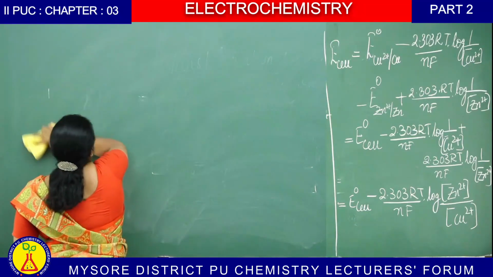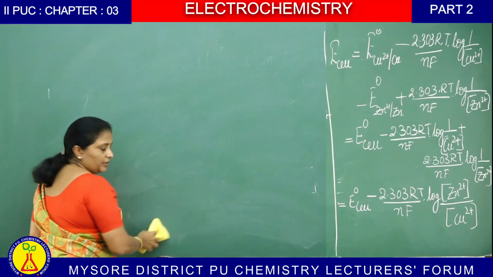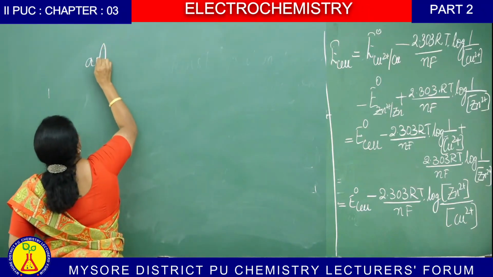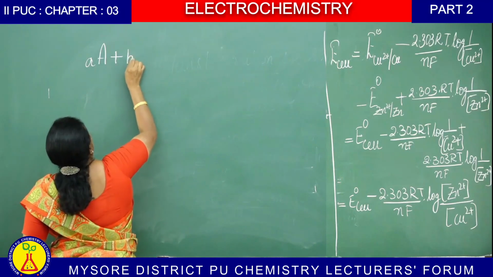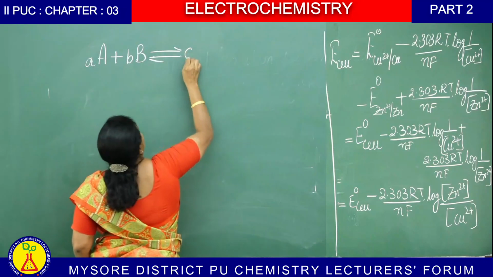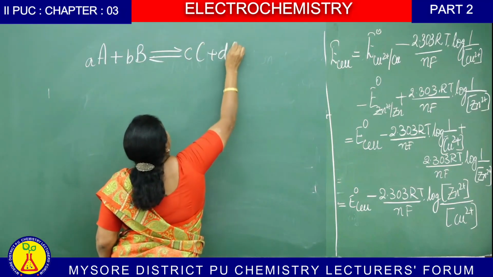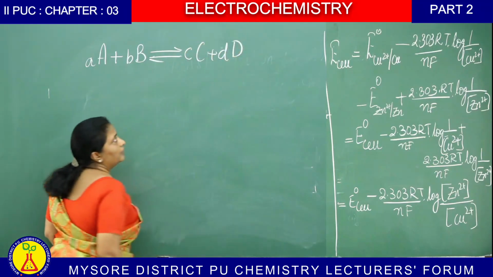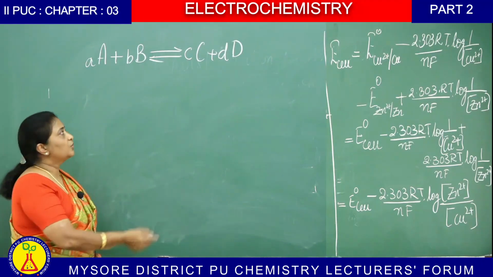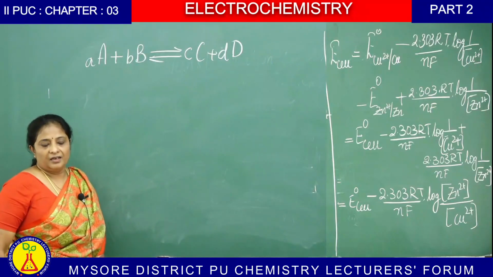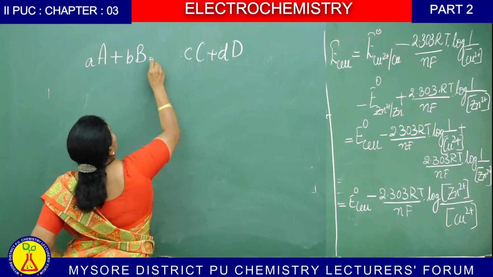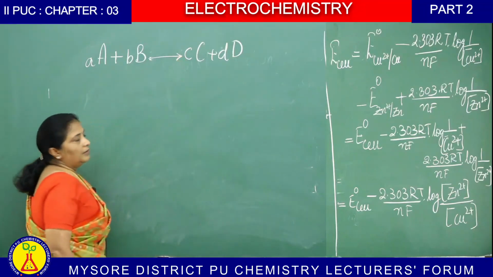Let us consider an electrochemical equation where aA plus bB gives cC plus dD. This will be the cell reaction.